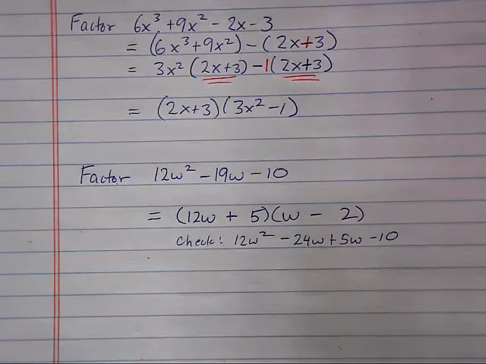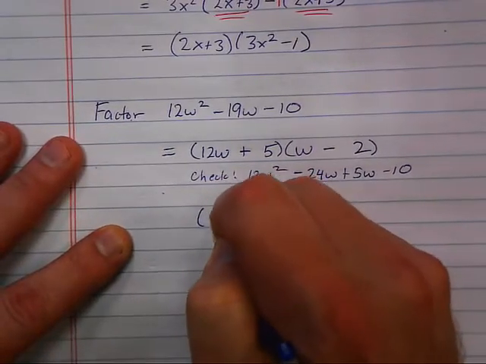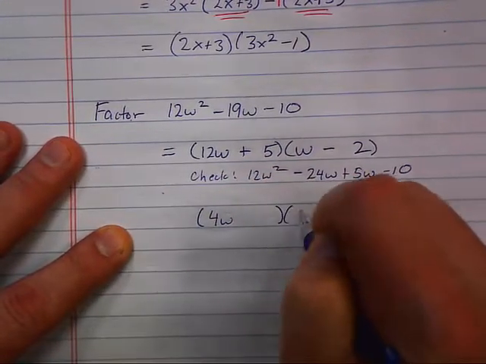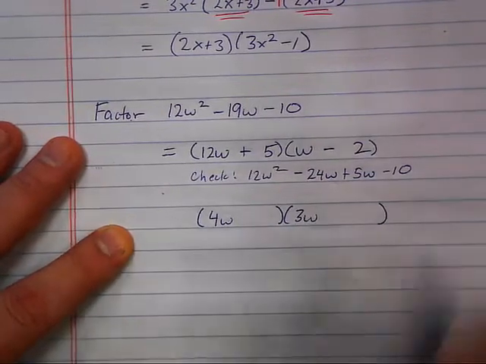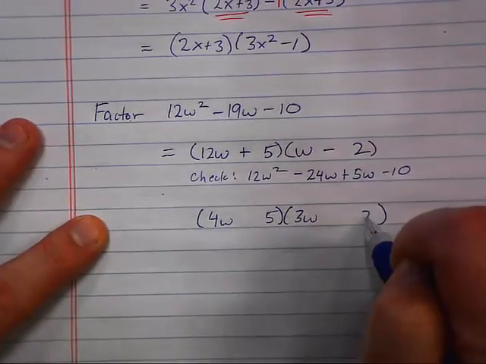What if, just for fun, we had made our guess and decided to get the 12w squared using 4w and 3w. And then how do you get the 10 on the end? Well, I'm going to guess that you use 5 and 2.